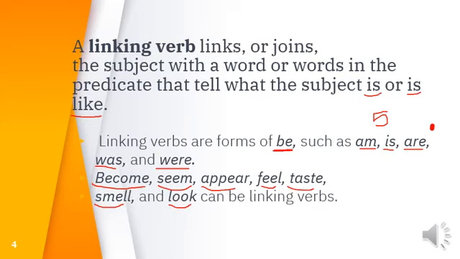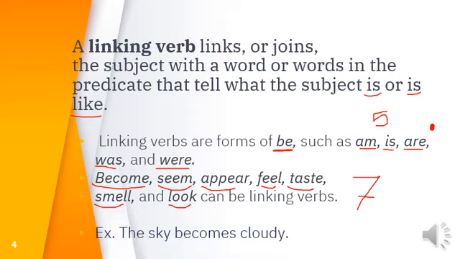So please memorize them: the 5 linking verbs that are forms of to be, and the other 7 linking verbs that could be sometimes linking and sometimes action verbs.